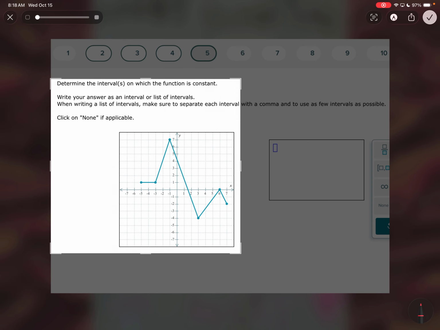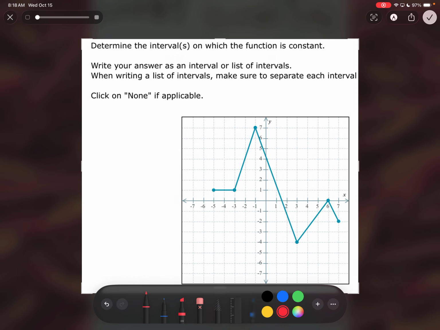Okay, so I might go over each of them. The actual answer here is constant, so you are only looking at this right here. So my answer to this one is -5 to -3.